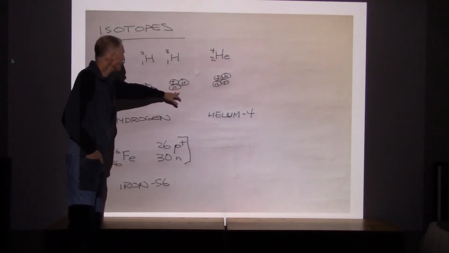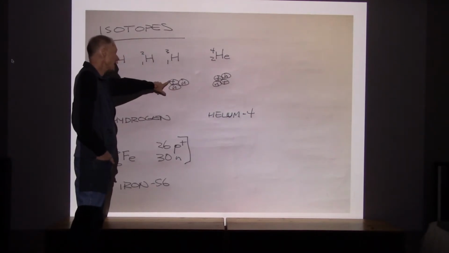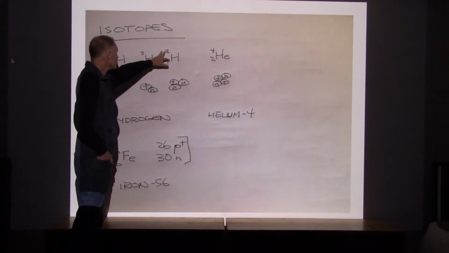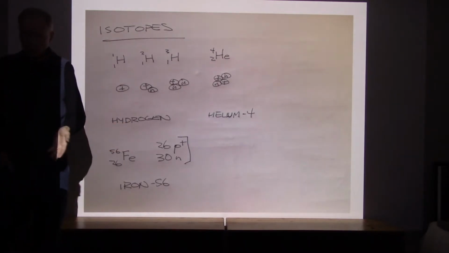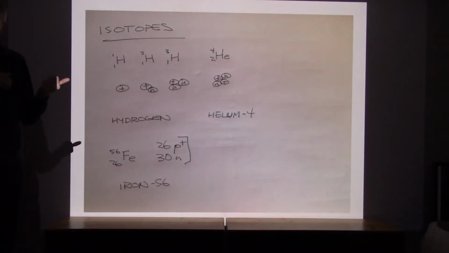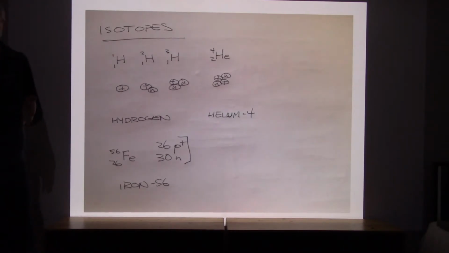And then there's an even heavier version of hydrogen with two neutrons. One proton again, because hey, it's hydrogen. And we put the 3 up there to say that the total number of protons and neutrons is 3. Now that upper left corner is referred to as the mass number, because as we saw in the earlier slide, protons and neutrons have very similar masses. And so very roughly, we'll assign one atomic mass unit to be roughly the mass of a proton or a neutron.